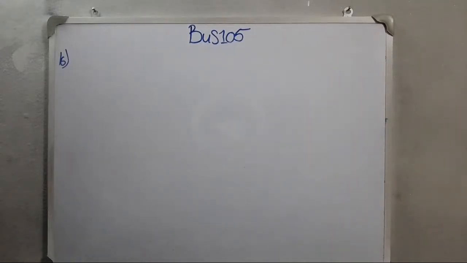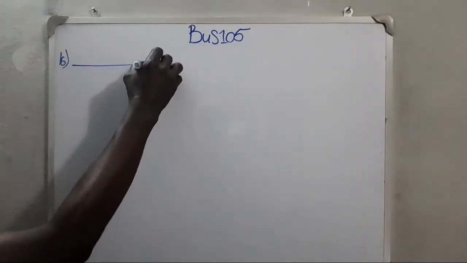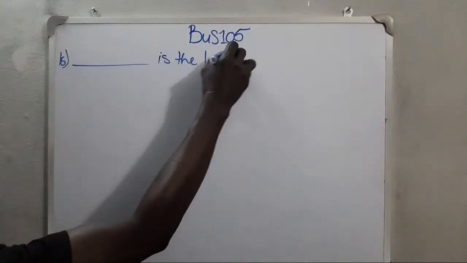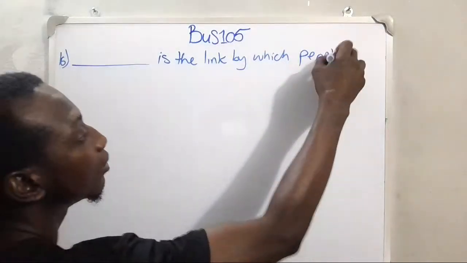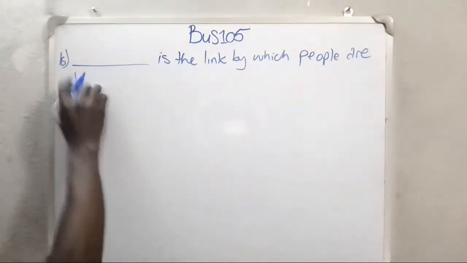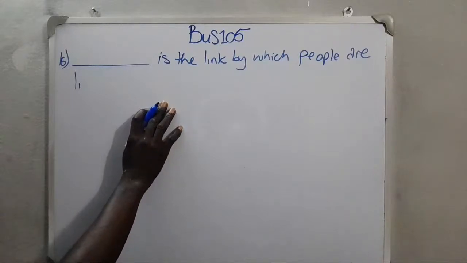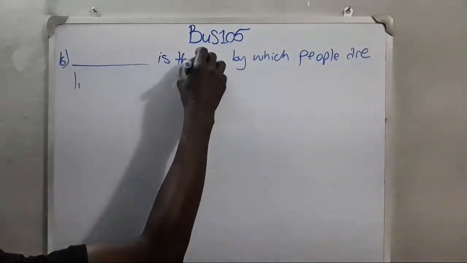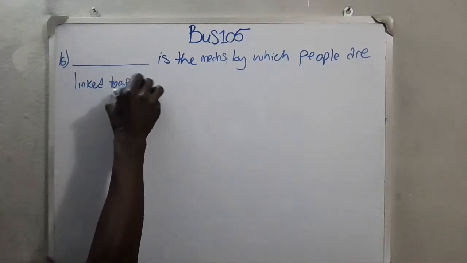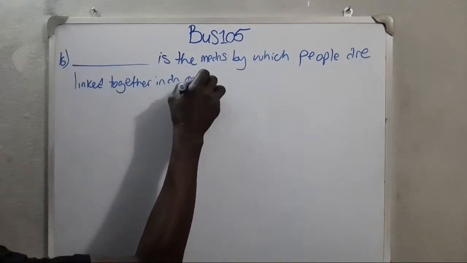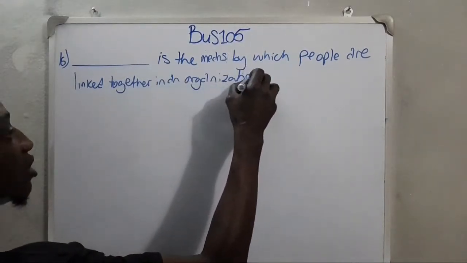Now we have: dash is the link by which people are linked together, the means by which people are linked together in an organization.